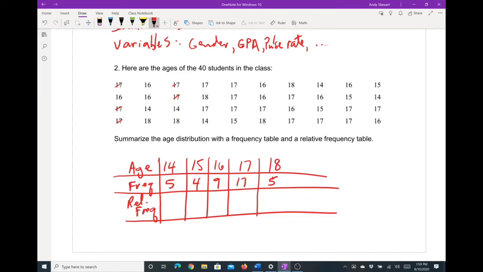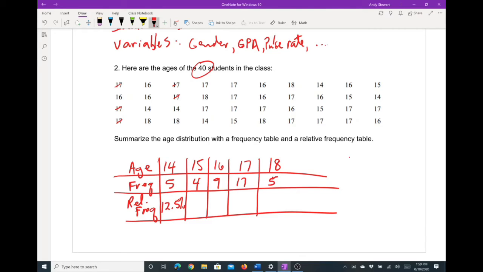Now, the question is, what is the relative frequency? I'm looking for my calculator. Here we go. Okay, so how many total students in the class? It told me in the problem there are 40. So we just take each of these numbers. 5 divided by 40 is 0.125, or 12.5%.